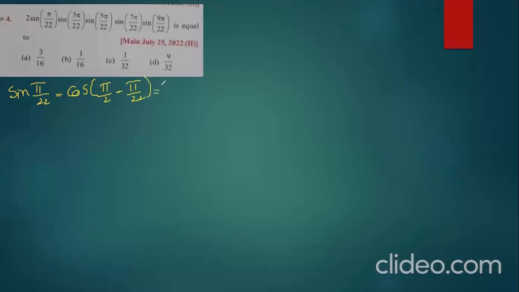Then it is cos of 22 pi minus 2 pi, which is 20 pi by 44. By the butterfly method, 2 ten times, 2 twenty-two times, so 2 five times, 2 eleven times. So 5 pi by 11 we got: cos 5 pi by 11.